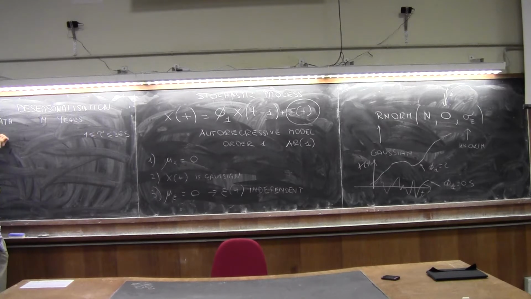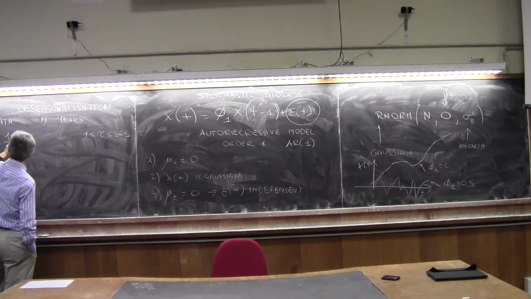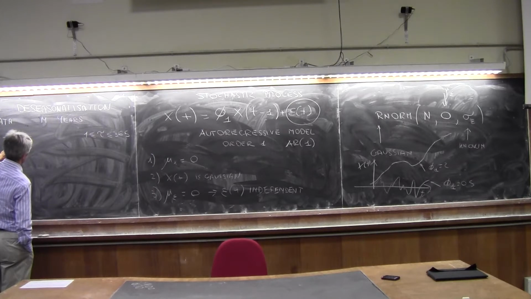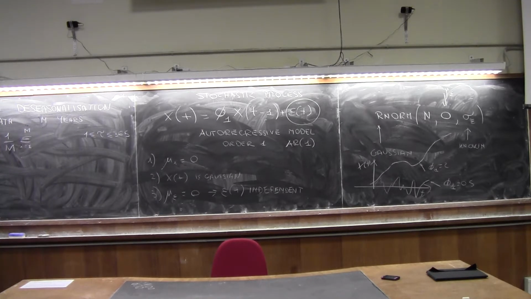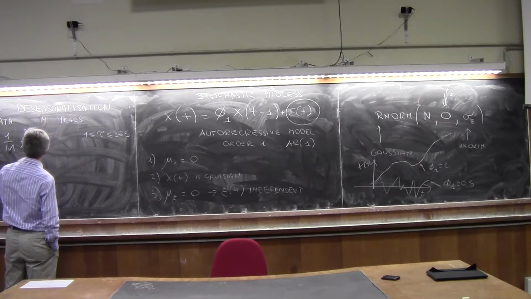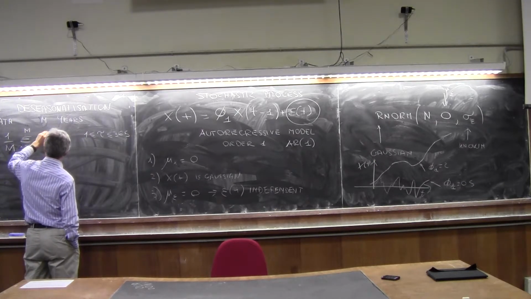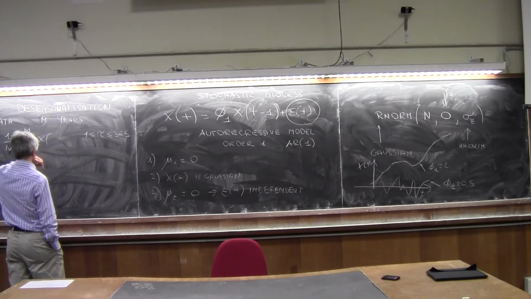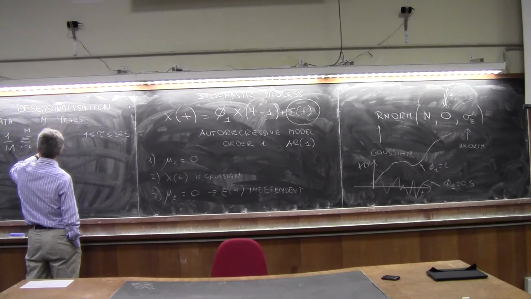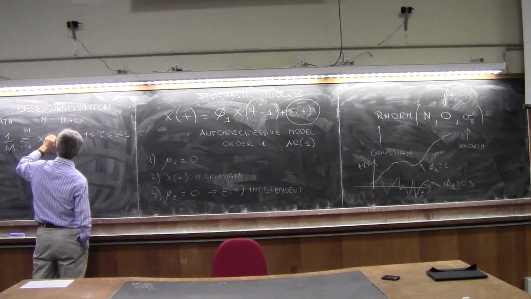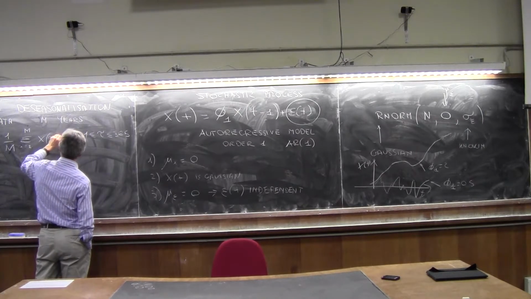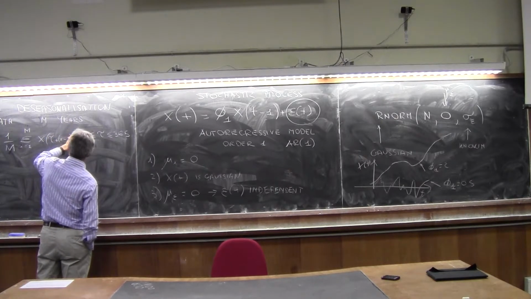Okay, this is equal to 1 over M times the summation from i equal 1 to M of, let me call the data x, so x at tau plus i minus 1 multiplied by 365.